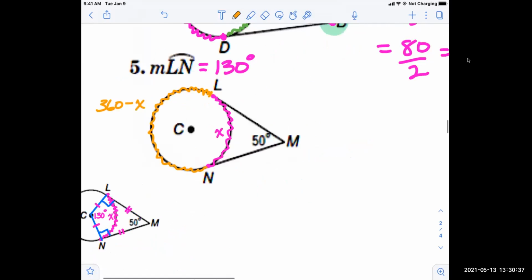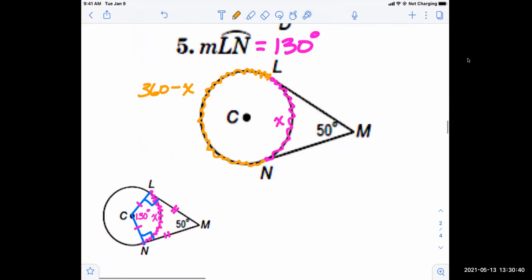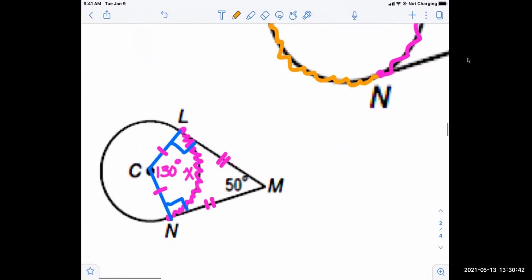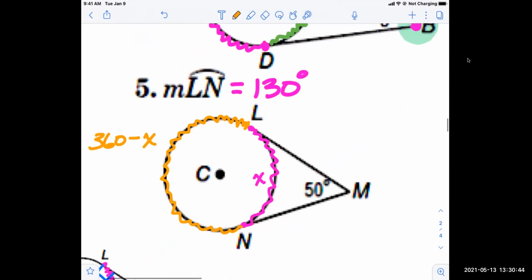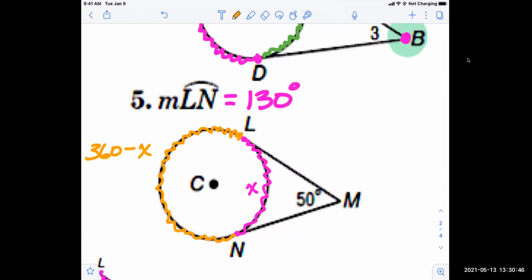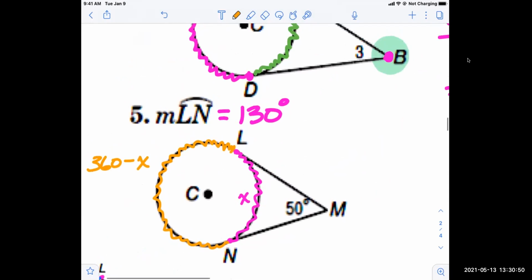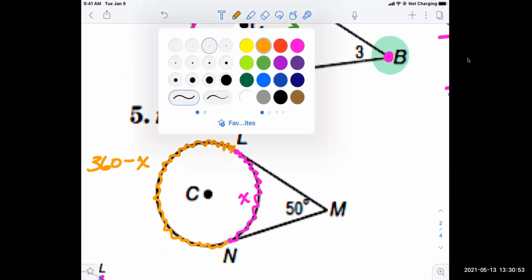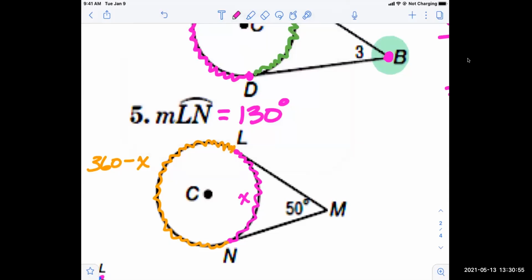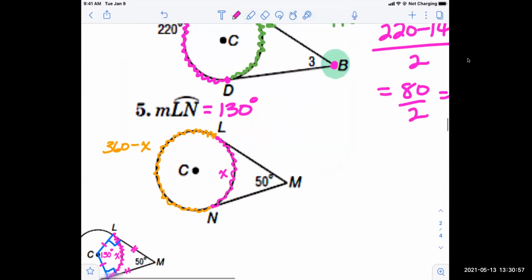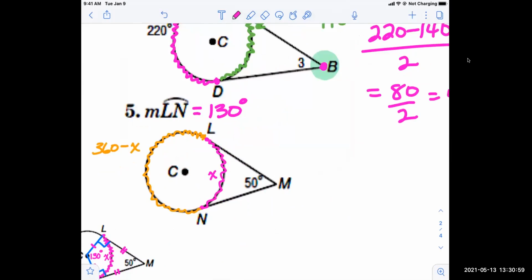So if you wanted to do the algebra, and this would be if you really didn't see what to do, then you would do the theorem with 360 minus x and x. So can somebody tell me what the equation would be? I'm looking for the angle measure. So I need to subtract the arcs and divide by 2.